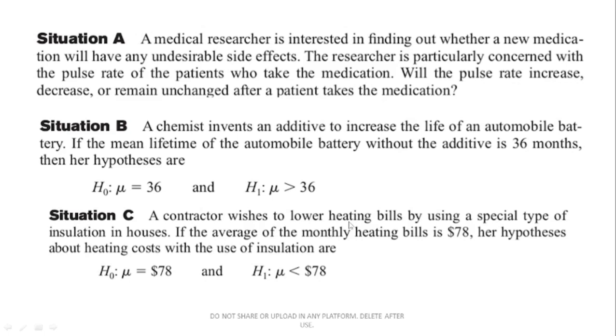Will the pulse rate increase, decrease, or remain unchanged after the patient takes the medication? So let's say that the average heartbeat of the patient population is 82. The average heartbeat or heart rate is 82 beats per minute.